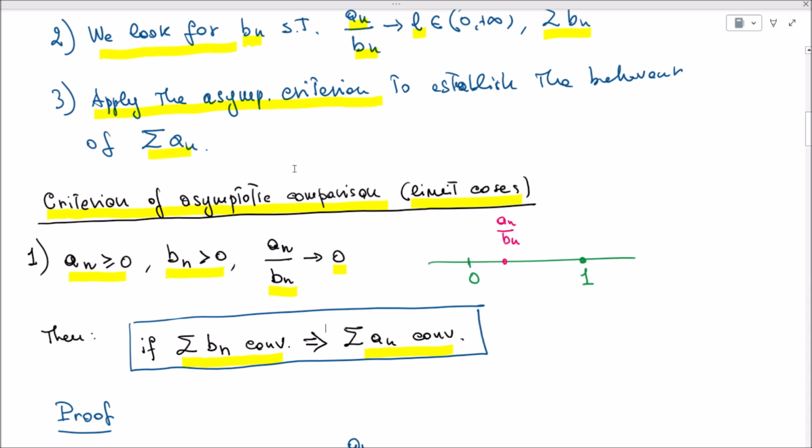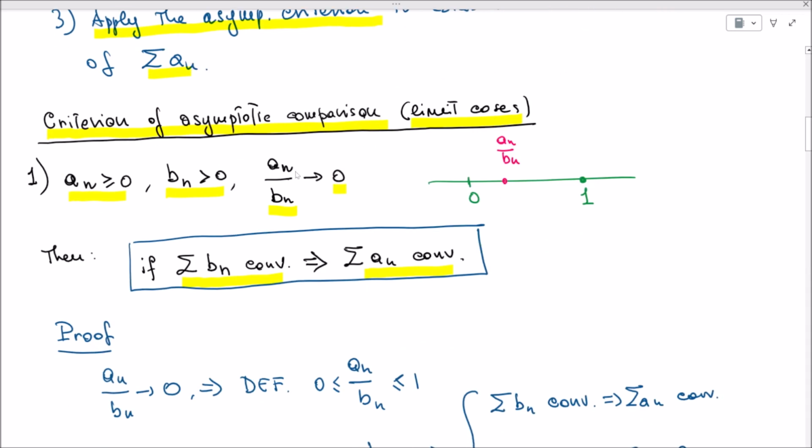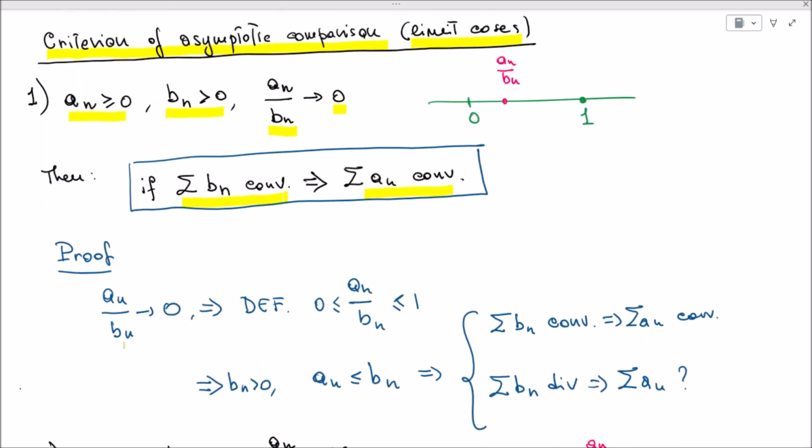If this happens, then we can only make a conclusion if the sum of Bn is convergent. That implies that the sum of An is convergent. Okay, let me prove this. We know that the ratio An over Bn will converge to 0.